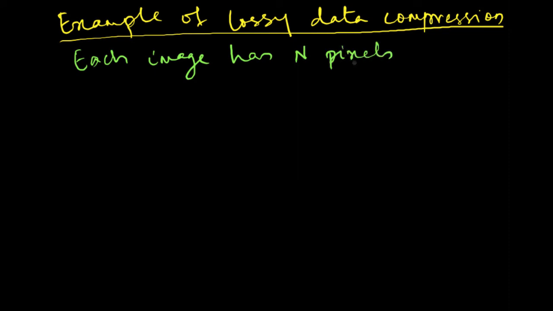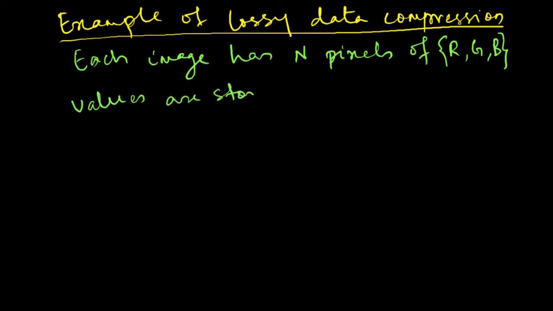So here n is the total number of pixels, not just along one row, and each pixel has RGB values, as is the case in all kinds of color images, and the values are stored using 8-bit precision. This is also important because the precision that you use also decides how much compression is actually possible.